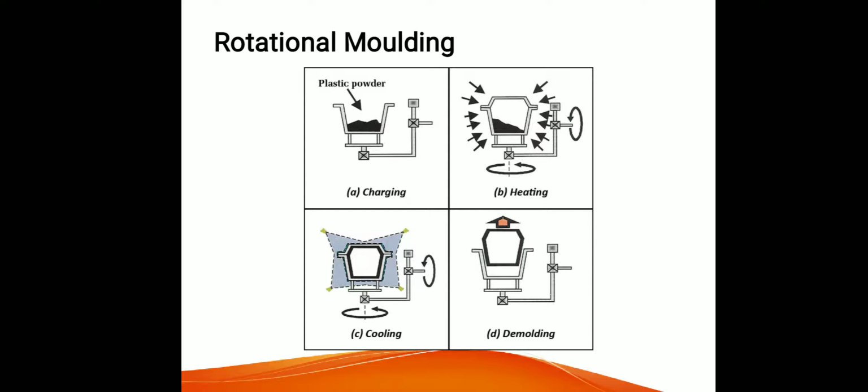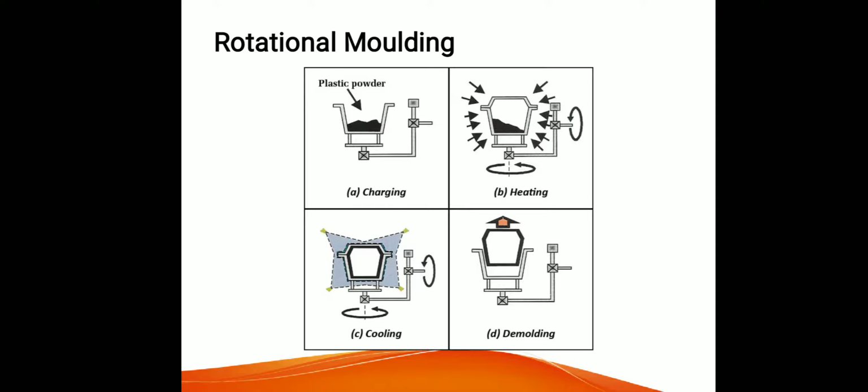It is used for thermoplastic polymers, and it is also applicable for thermosets and elastomers. Generally it handles complex geometrical shapes, and we can manufacture hollow or large parts through the rotational molding process. That process contains four steps.